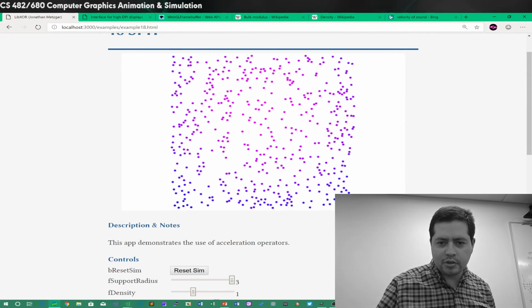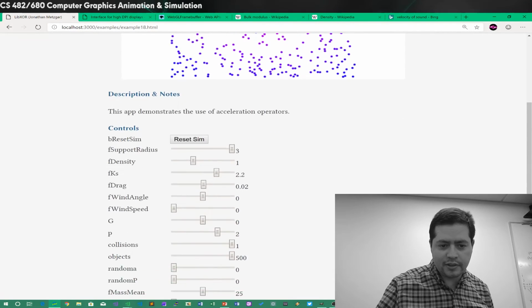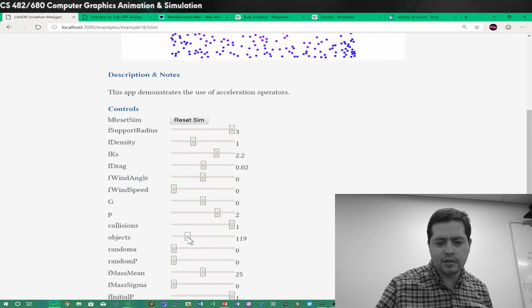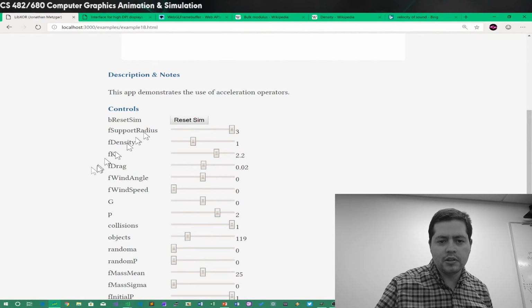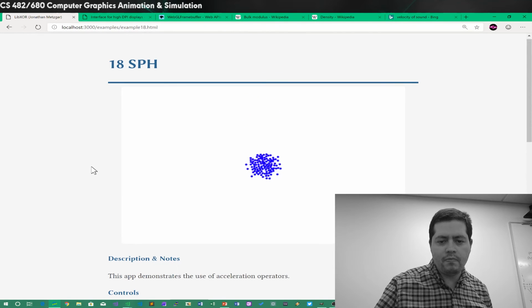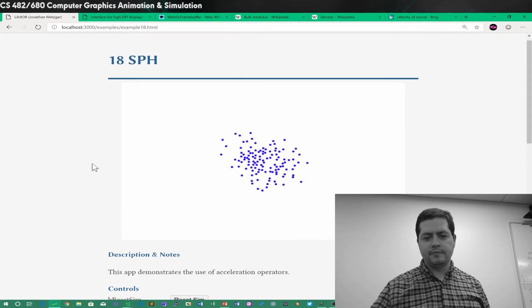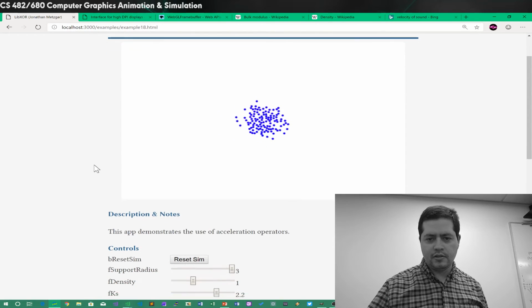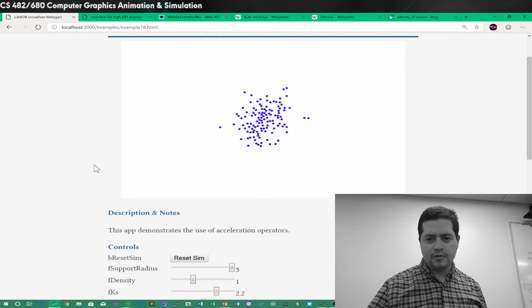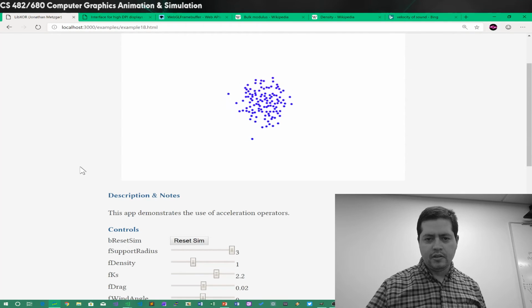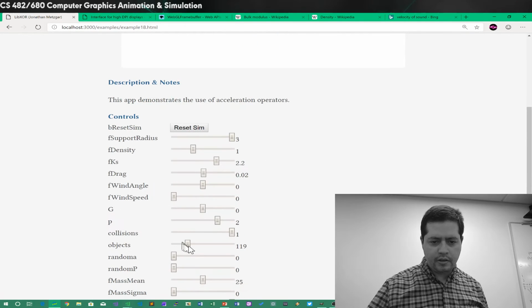So this is actually cool. Actually, instead of 500 particles, let's drop that back down to 100 or so. And the reason I'm going to do this is because I would expect we needed fewer, even less.